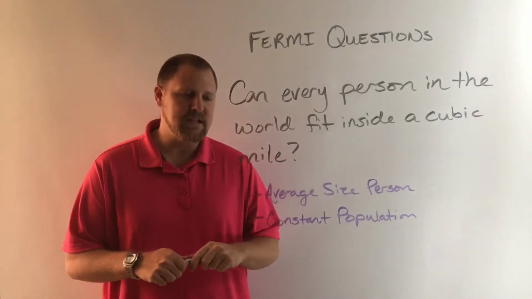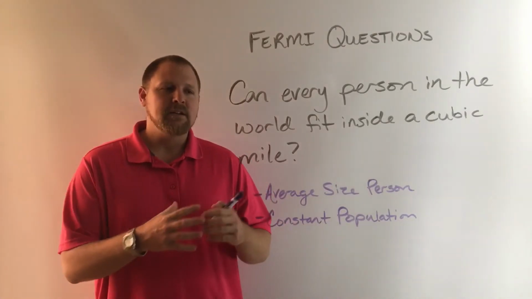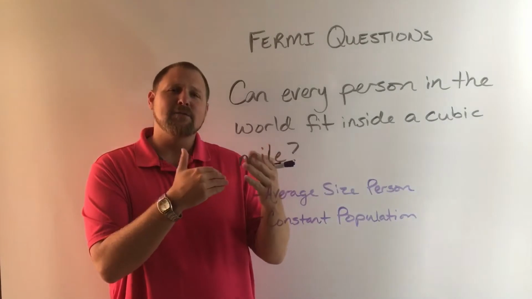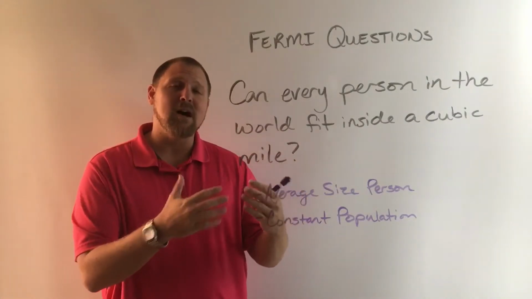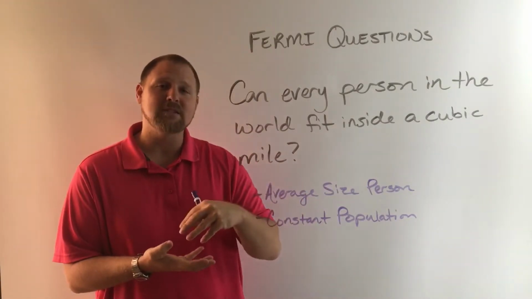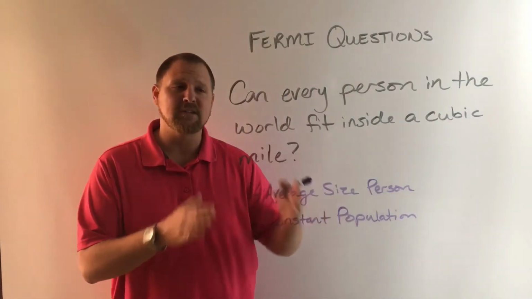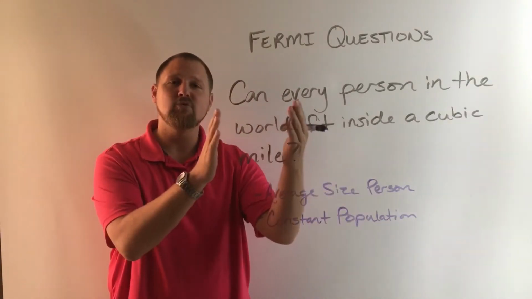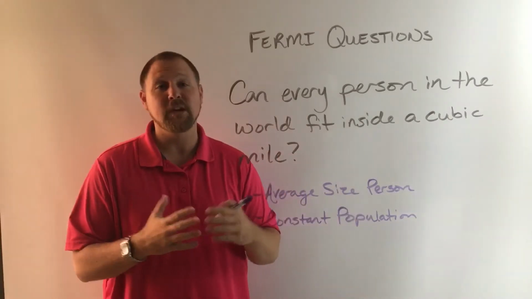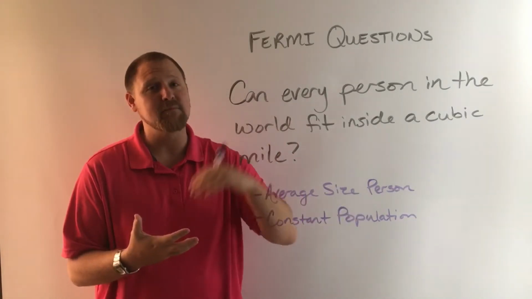We also maybe need to figure out, if we're talking about a three-dimensional cubic mile, like we're trying to put things into a box, or are we trying to put things along a two-dimensional space? Are we trying to represent this cubic mile in 2 dimensions, or are we actually representing it as 3 dimensions?